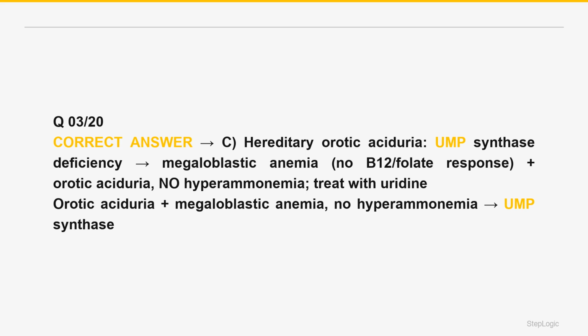So, orotic aciduria plus hyperammonemia: OTC deficiency, urea cycle. Orotic aciduria plus megaloblastic anemia, no hyperammonemia: hereditary orotic aciduria, UMP synthase. Treatment of orotic aciduria is oral uridine, which bypasses the block. The UMP synthase deficiency with megaloblastic anemia and no hyperammonemia is hereditary orotic aciduria.